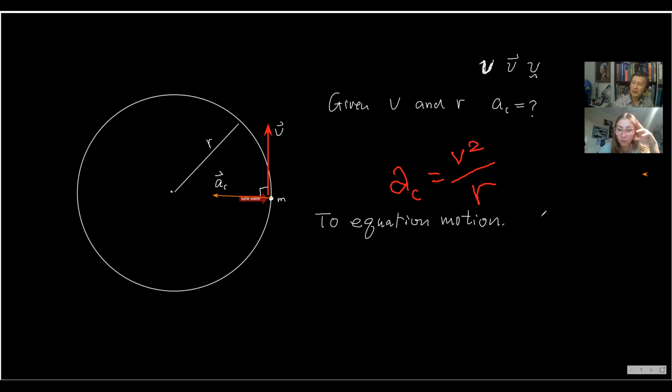Newton's law says the force is proportional to the product of mass and acceleration. So in this case, you have to consider the centripetal force, because that corresponds to the acceleration created.